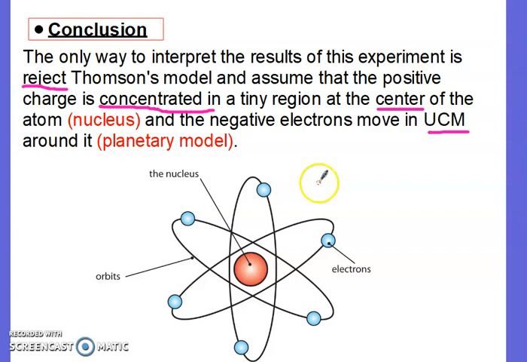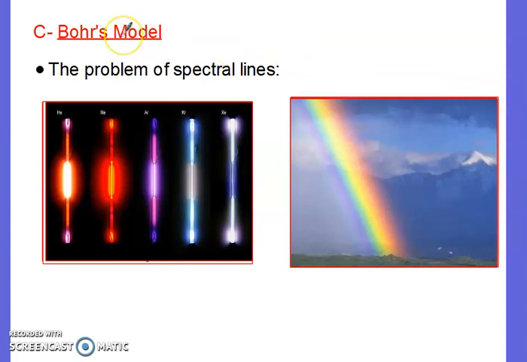Now let's go to Bohr's model and see why Bohr also, to some extent, rejected Rutherford's model. The problem is that of spectral lines.